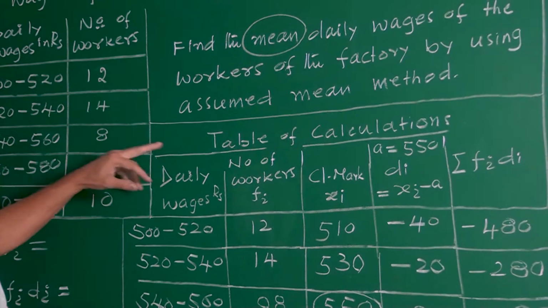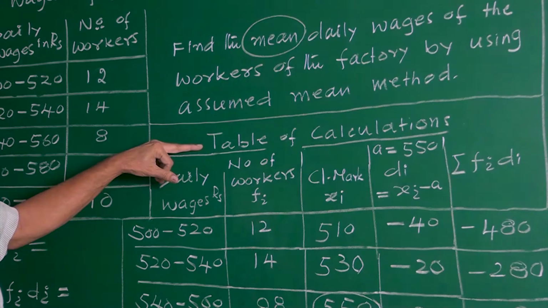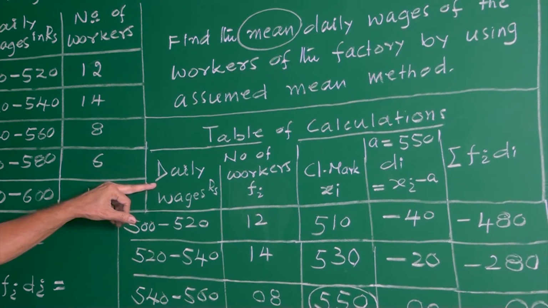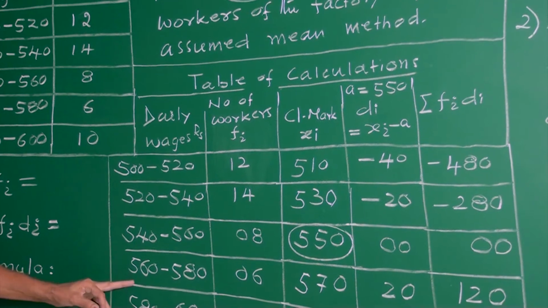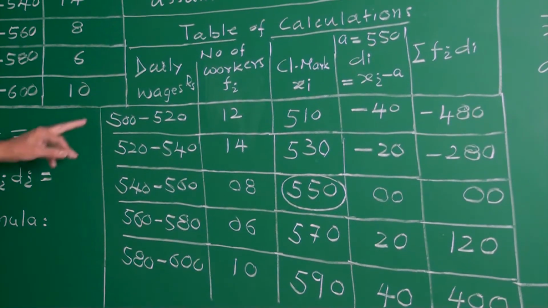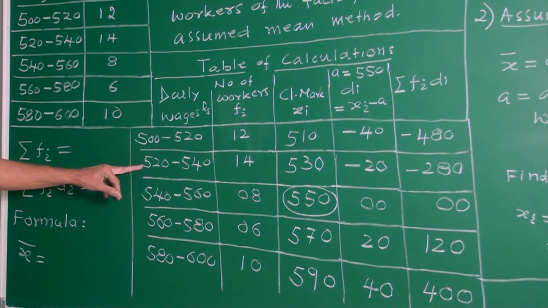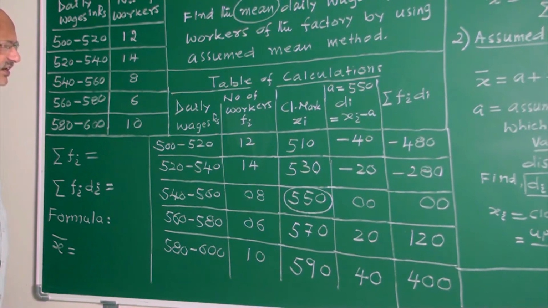The same given problem we represent by a table of calculations. First column, daily wages in rupees. Same we have written, 5 rows: 500 to 520, 520 to 540, 540 to 560, 560 to 580, 580 to 600.